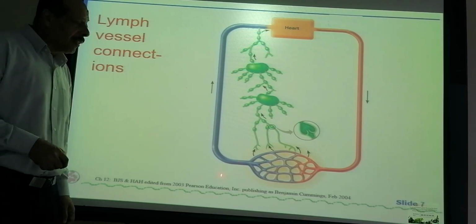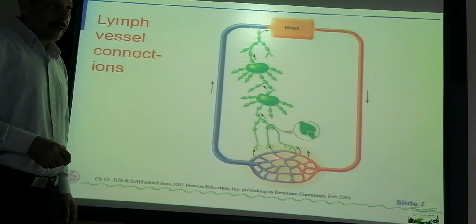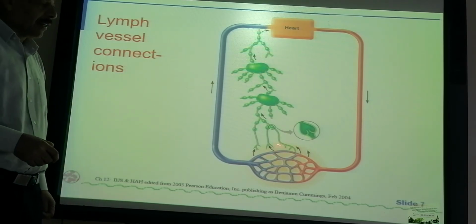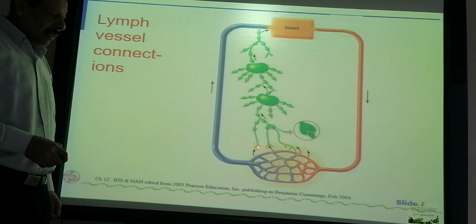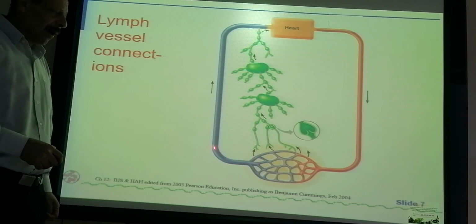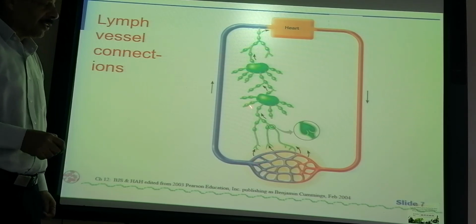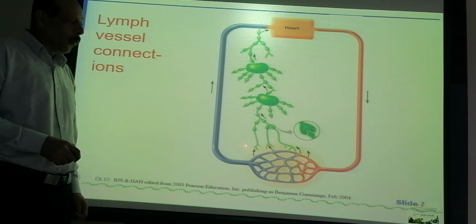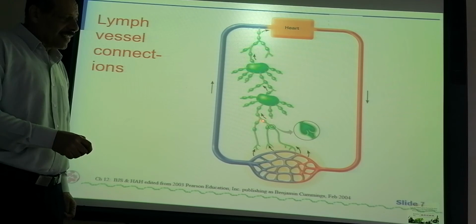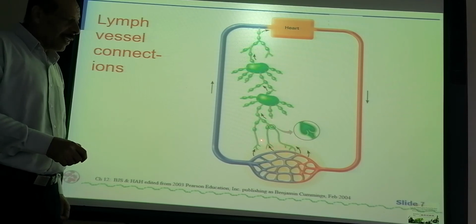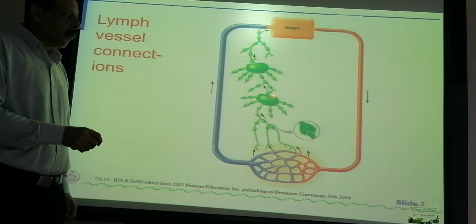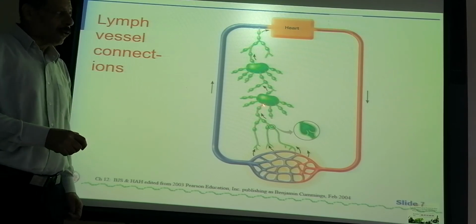But as we said, some of that fluid, which in the whole body is around 3 liters per day, will not be returned through the venous circulation. So it will go back through the lymphatic vessels, and during its pathway it will go through lymph nodes in order to be checked.